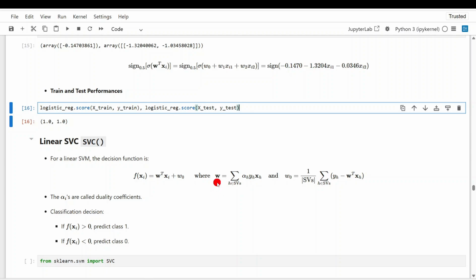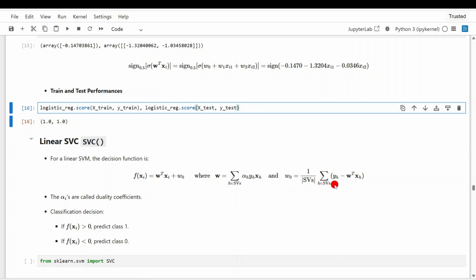And these weights are actually dependent only on the support vectors. Here, h is an element of only the support vectors. All other points which are not support vectors will have no contribution in estimating these weights. The same is true for the bias term.